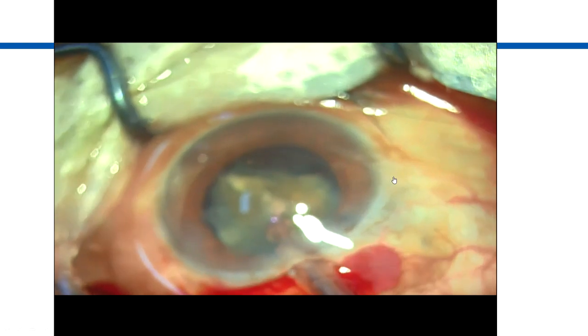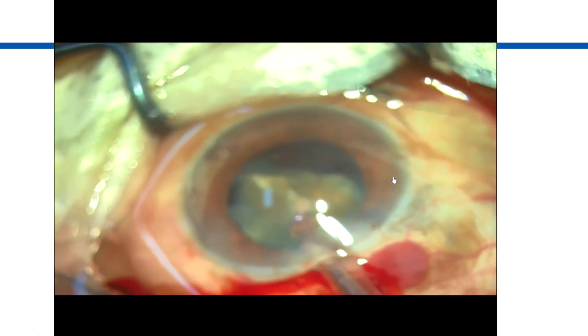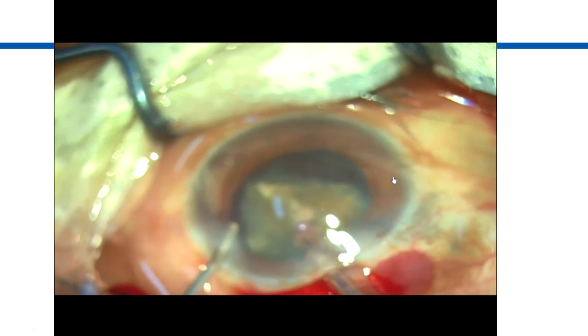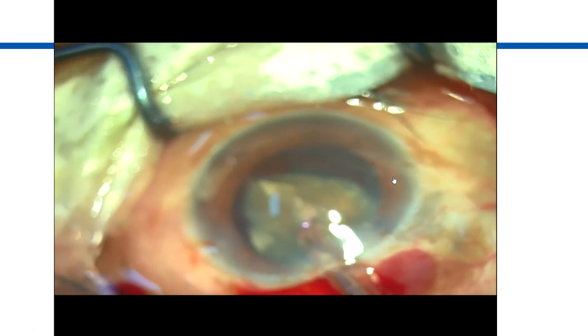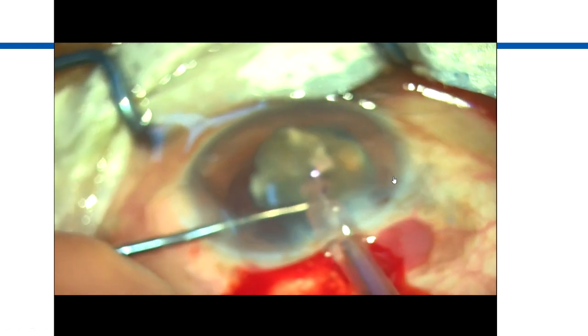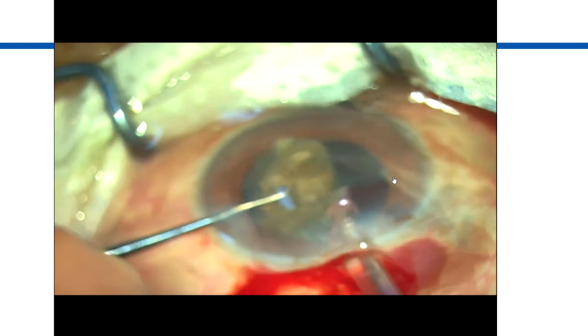This is one tip I want to give to all the surgeons who are trying to emulsify a hard cataract: keep on injecting the viscoelastic in the antechamber. It brings the temperature of the chamber and the endothelium down.